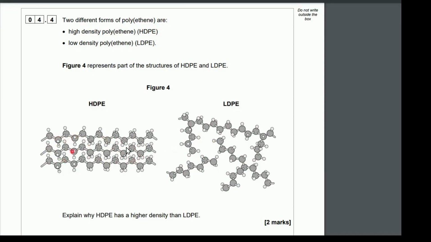Therefore, of course, they've got a lot of crosslinks. Here we've got branching. Can you see these branches coming off? These are straight chains. These have branches, and this has prevented the LDPE chains from getting very close to each other. And so there are fewer intermolecular forces, and therefore it has a lower density.